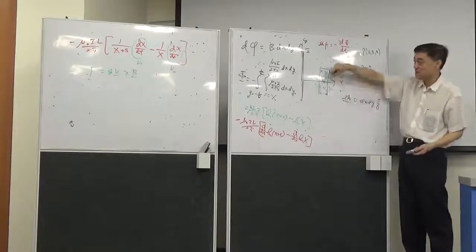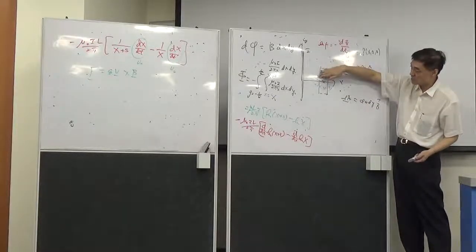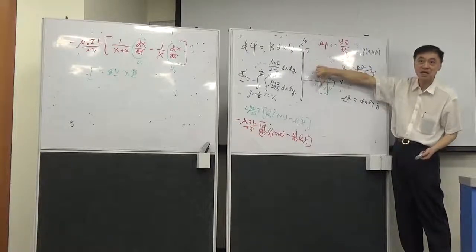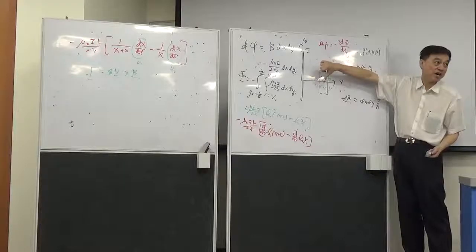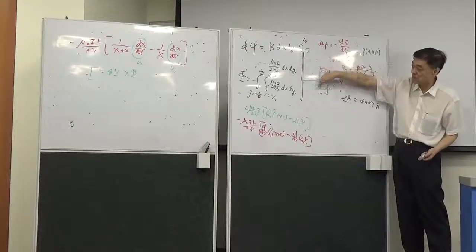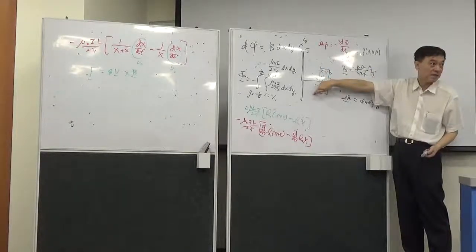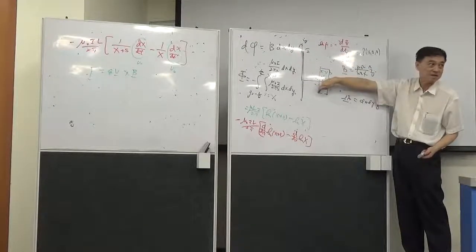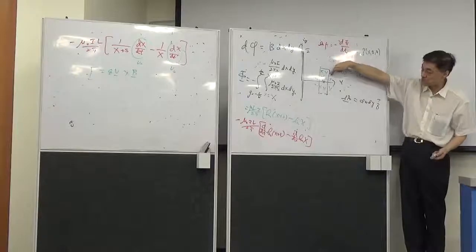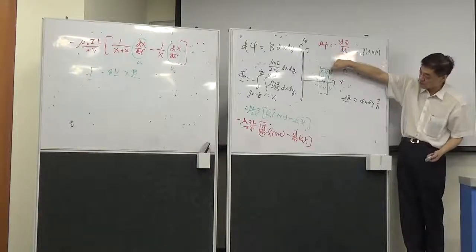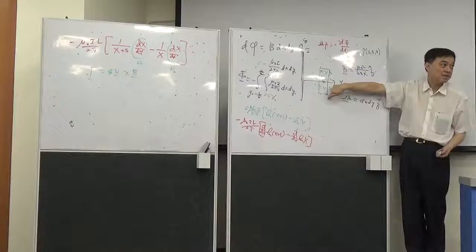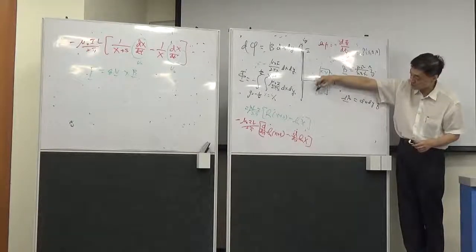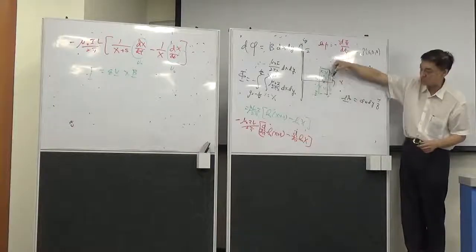Same thing for the other side. But here, Q v cross B, the force is downward, which means you are pushing the charge to accumulate on this side. Same thing for this one. So there is some positive charge accumulated here, and some positive charge accumulated here.